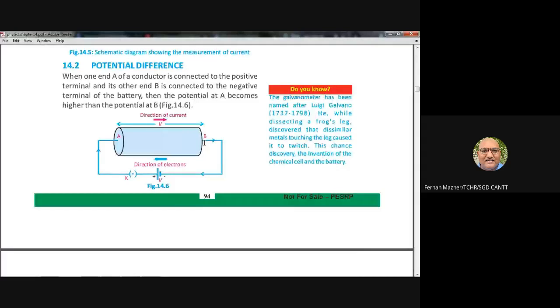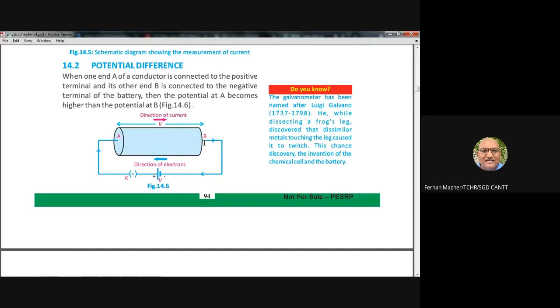So first of all, you need to understand mathematically how we do this. If you have a resistor anywhere and you want to find out the potential difference, how will you mathematically find it?